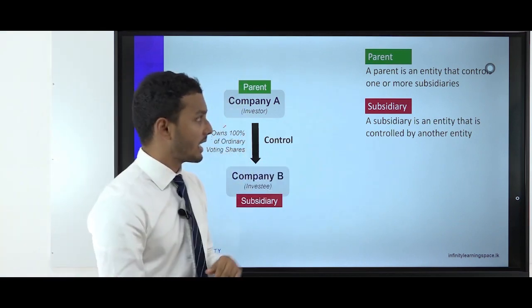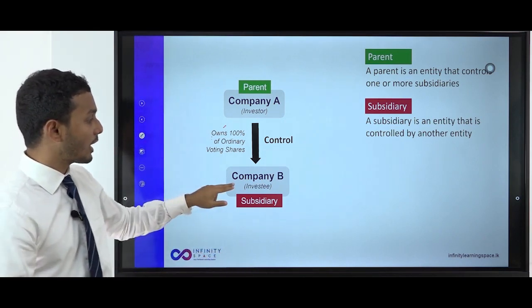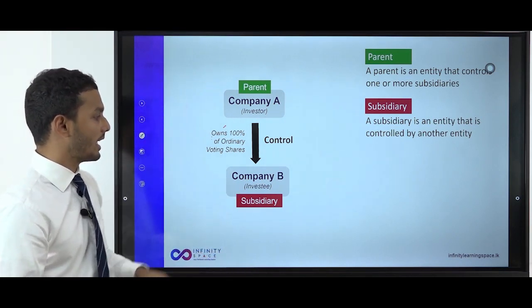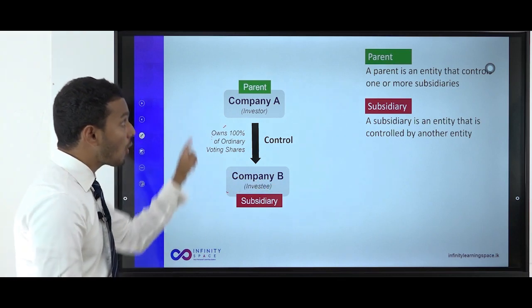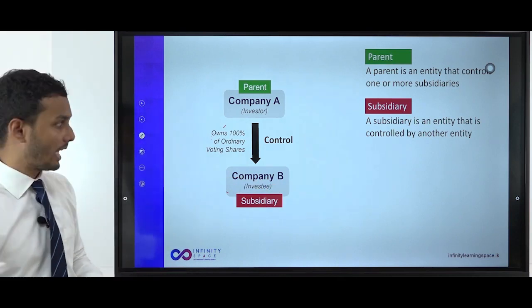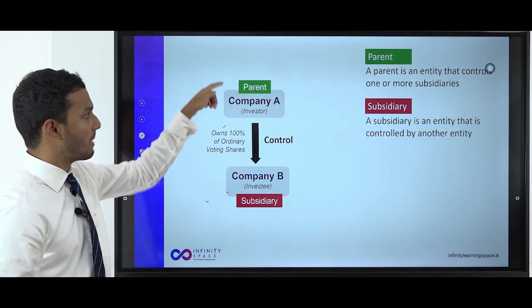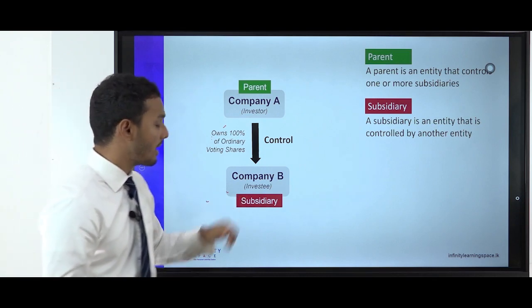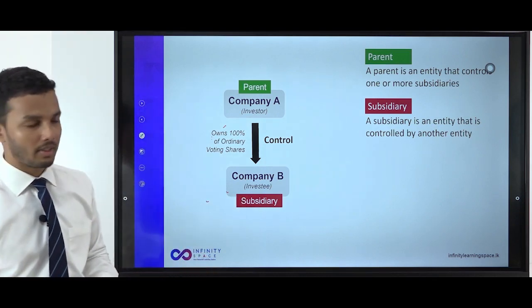Then the subsidiary is an entity that is controlled by another entity. So company B is controlled by company A, making it the subsidiary, right?